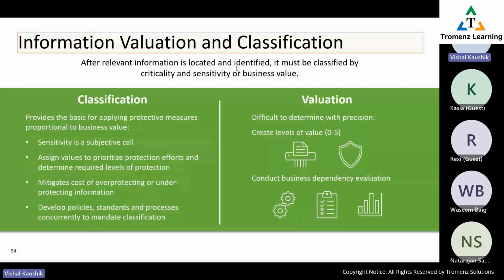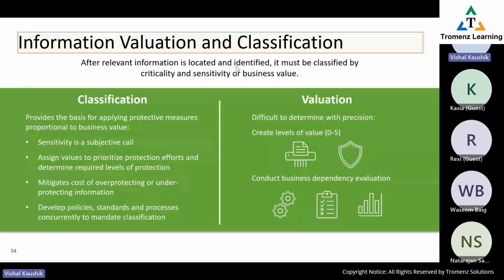So we are told classification is a subjective call. Not all enterprise information is critical or sensitive. But there are those that, through determination, can be classified as critical, depending on the sensitivity and value of that information.